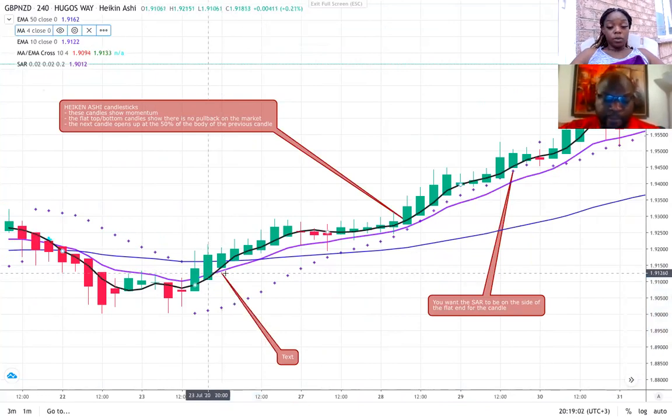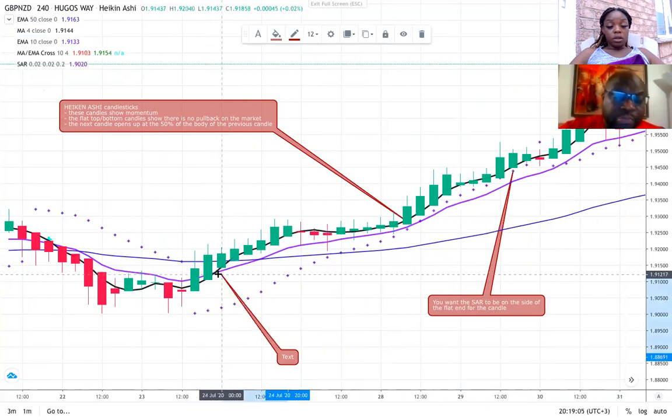So even though it crossed right here, you got to look at the candle. So it really wasn't until this candle here that it crossed. Yep. Okay.